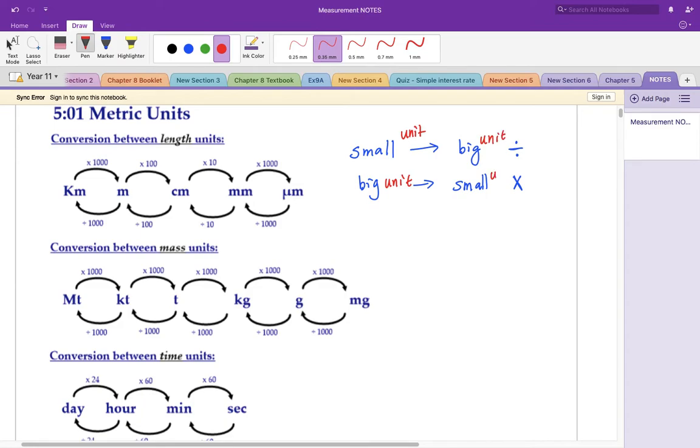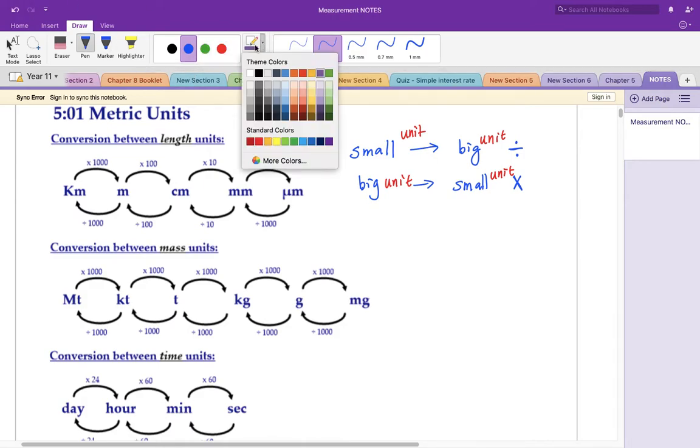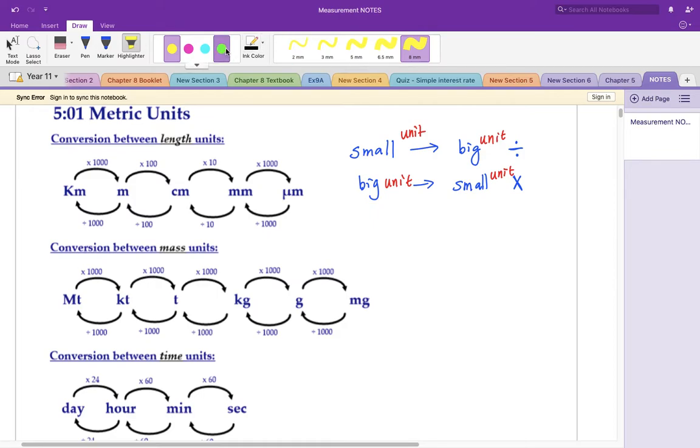That's all relative. So if I say kilograms and grams, grams is a smaller unit. Kilograms is a bigger unit. So if I want to go from kilograms to grams, that's big to small. That's when you multiply. So I want you to copy these two rules in your notes.